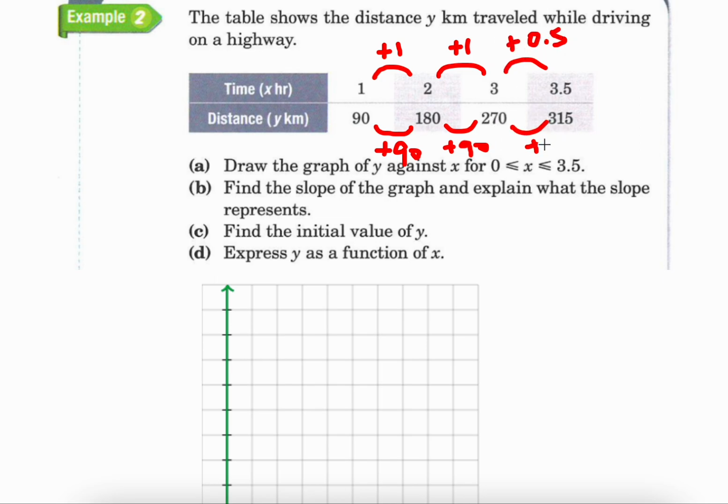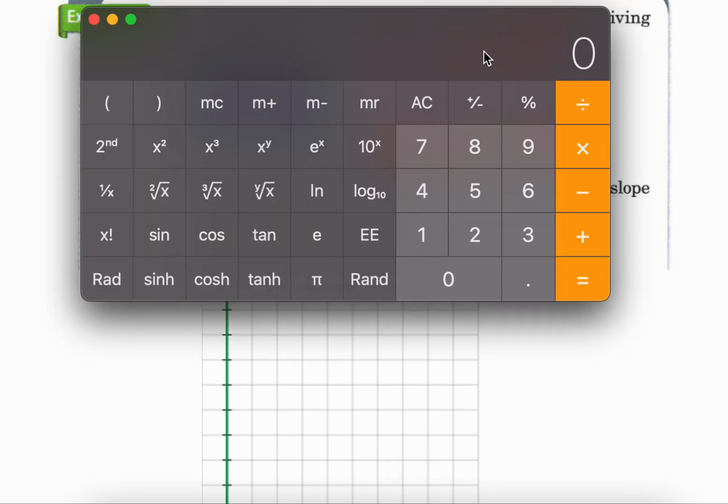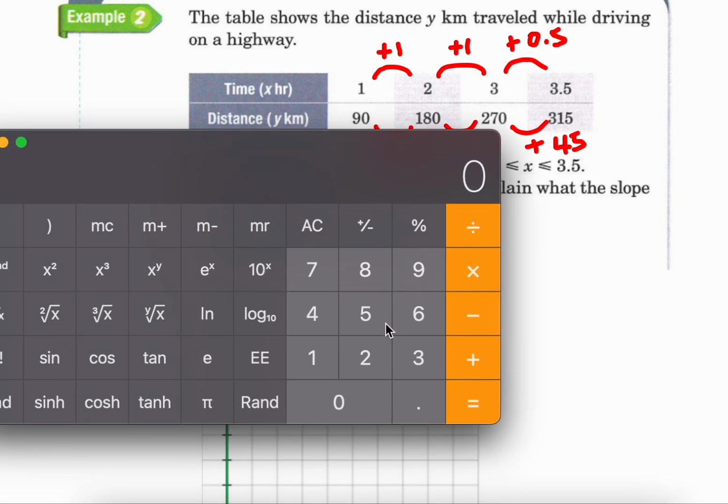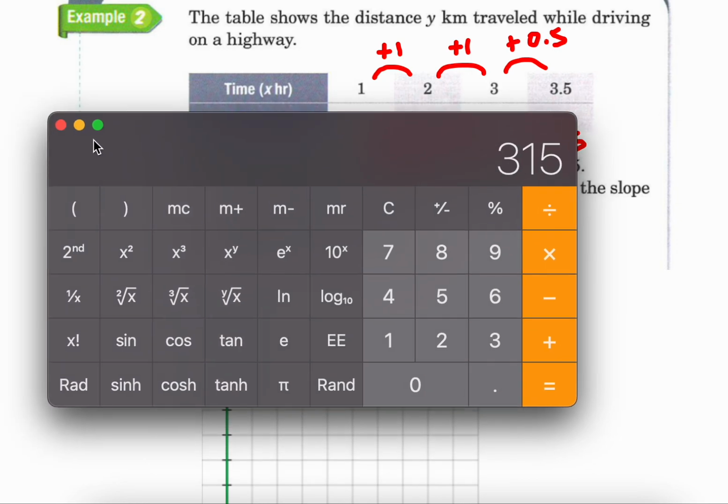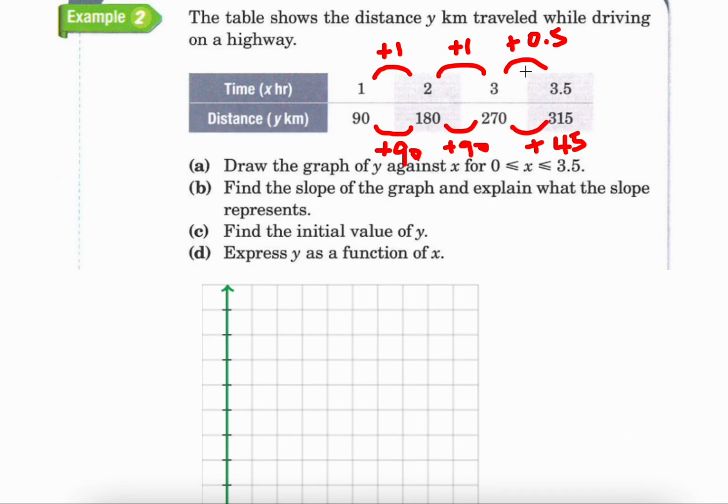So you would assume that this difference would be half of the normal difference within an hour. Half of 90 is 45, so let's check. Is 270 plus 45 equal to 315? Yes. That's why it looks a little off, because it is going by a half jump instead of one complete jump, but it's still the same change.